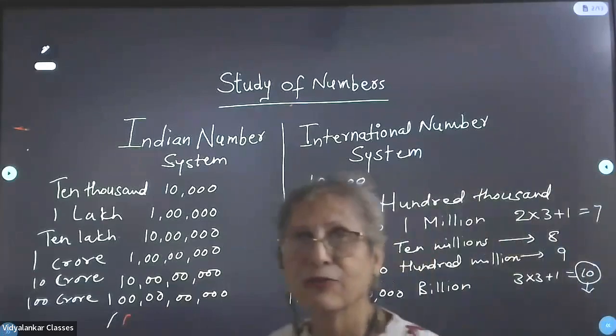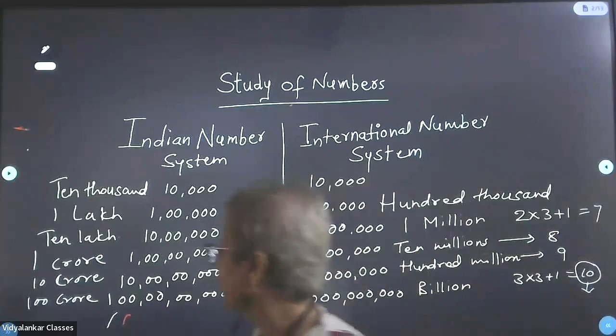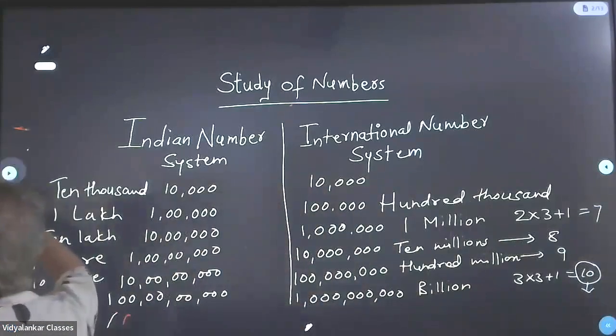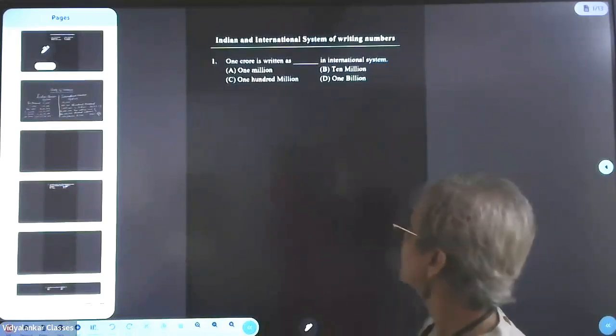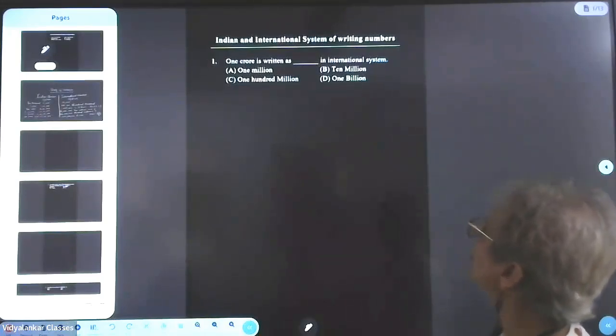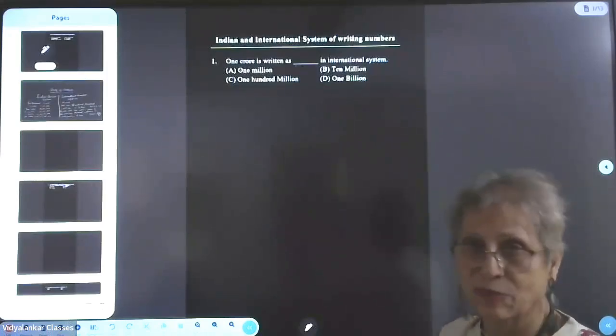So let us solve a few sums based on these number systems. See the first question. 1 crore is written as dash in the international number system.